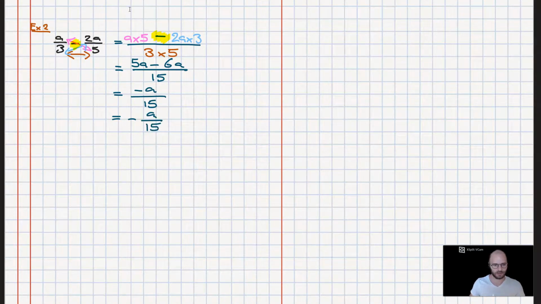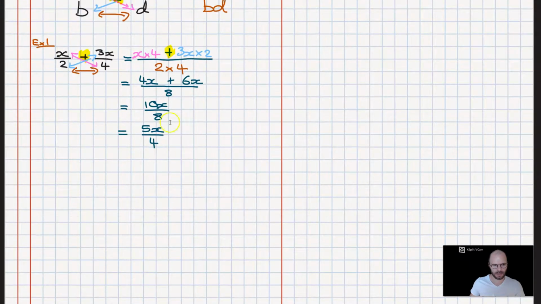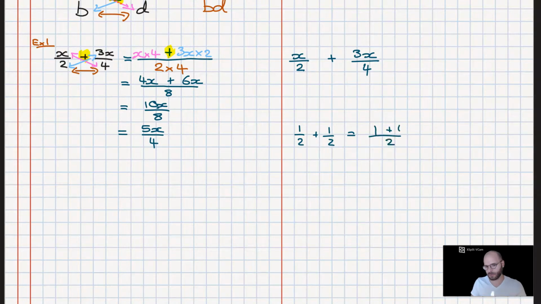Too simple. Now, going back up, we had a look at this first example here, and I said there's a quicker way to do it. And there is a quicker way, which I'll show you now. Alright, so in your earlier years at school, you would have seen that if you have fractions like a half plus a half, you can add these together because they've got a common denominator.